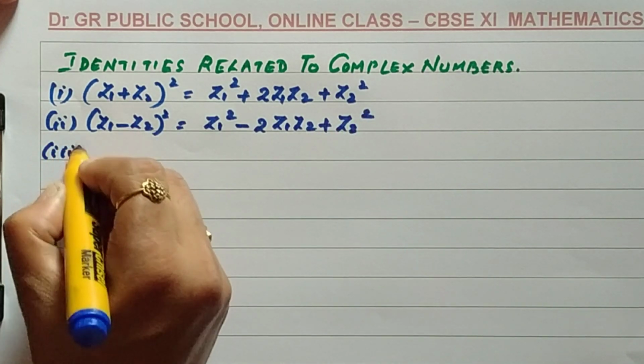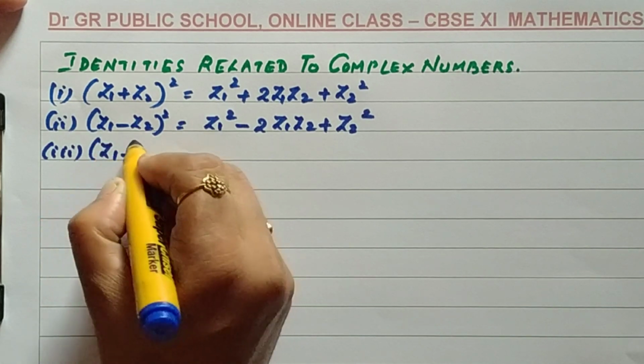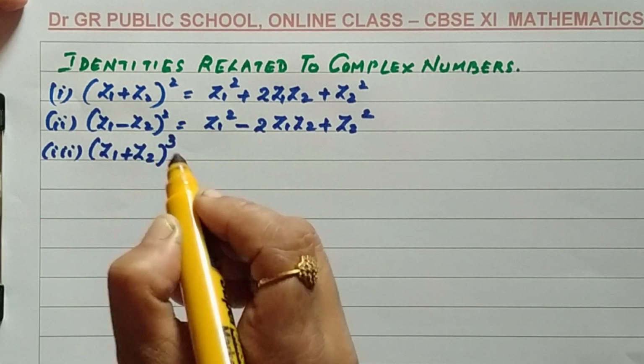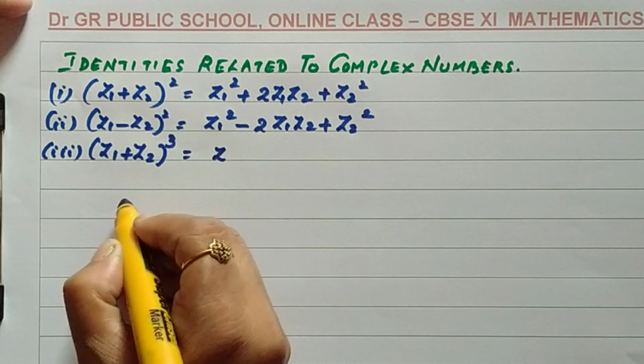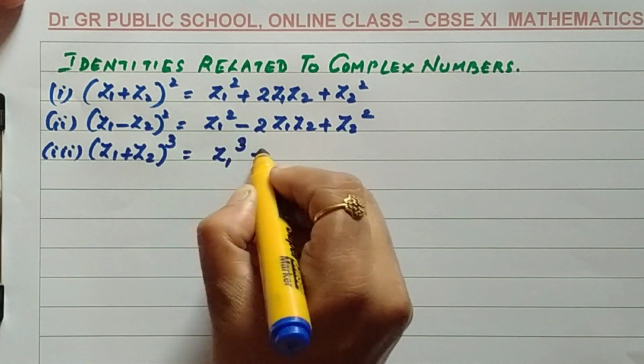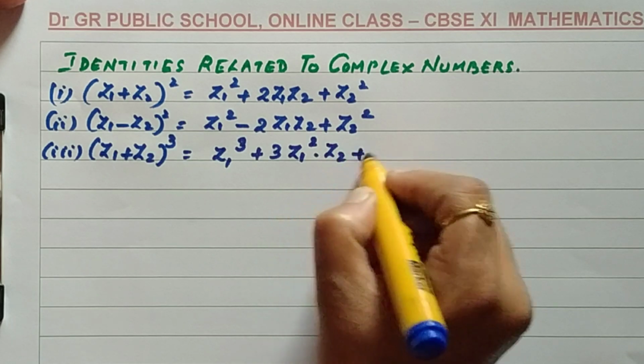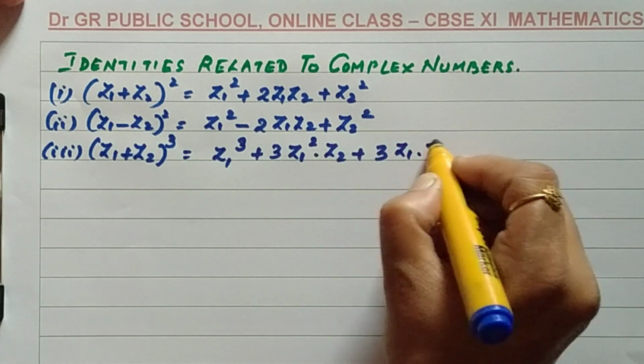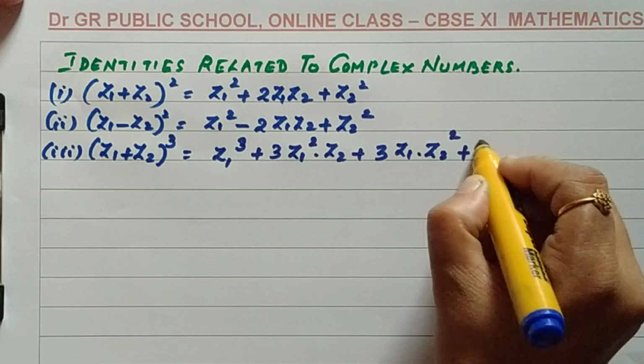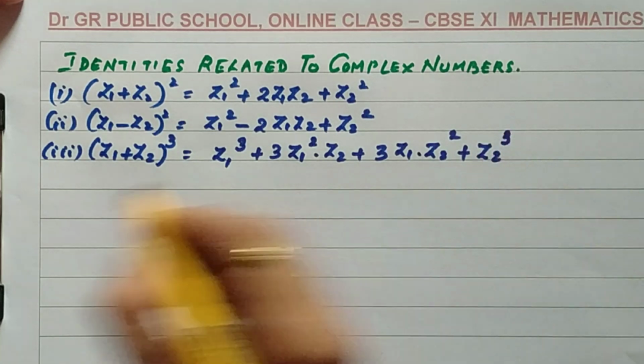The third one, z1 plus z2 the whole cube equals, what is a plus b the whole cube? a cube plus 3a square into b plus 3a into b square plus last one is b cube.